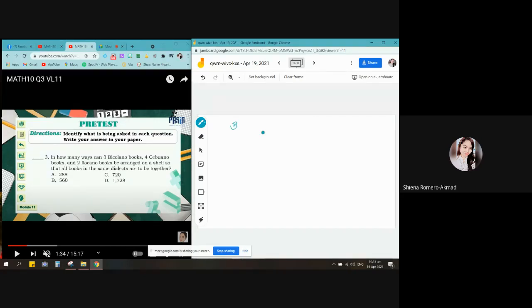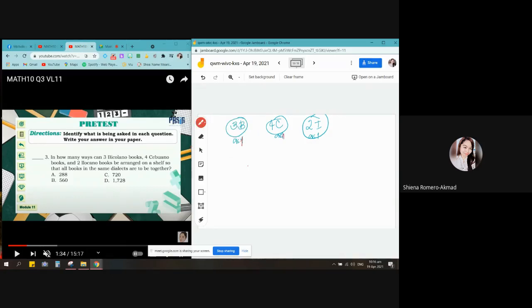So, kung tatlo yung Bicolano book, B for Bicolano, 4 Cebuano, C for Cebuano, and 2 Ilocano, I for Ilocano. And they are going to be arranged such that the same books with the same dialects are together, meaning we are considering them as 1. So if we consider them as 1, ilan na lahat yung i-arrange natin? We're going to arrange how many?